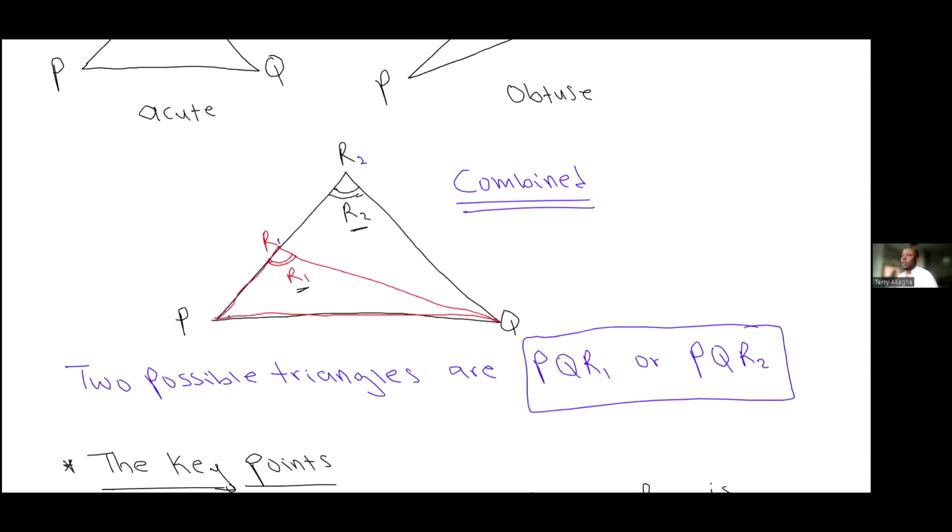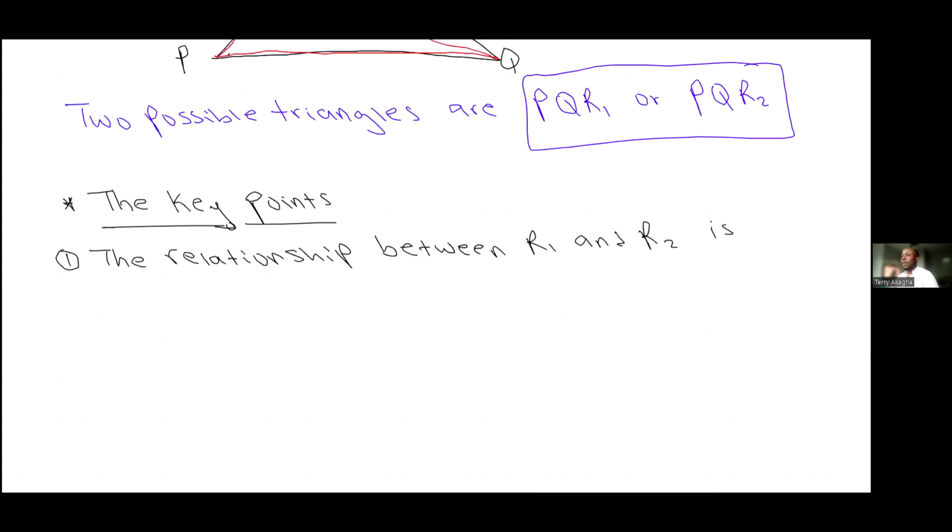Now, what's the relationship? R1 plus R2 is equal to 180 degrees. So when you solve and you get one of the angles, to get the other possible angle, for instance, if you had the acute angle, you subtract it from 180 to get the obtuse angle.